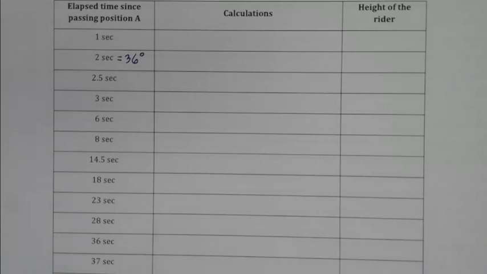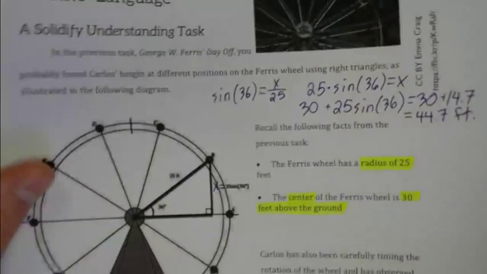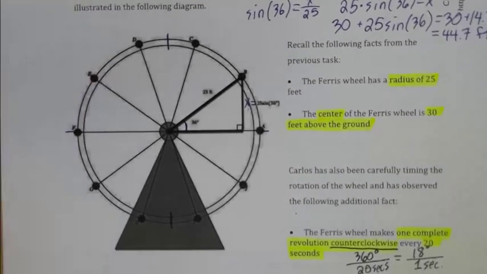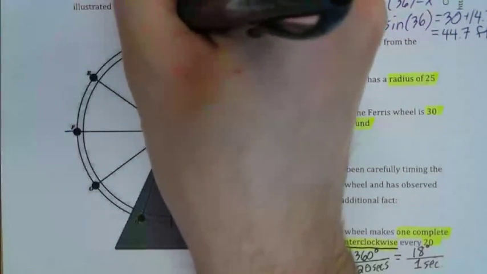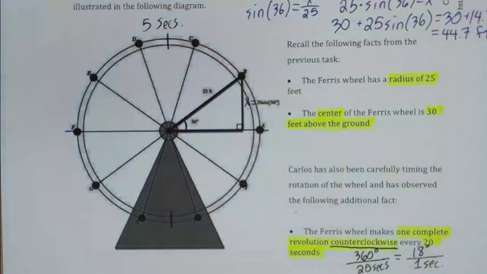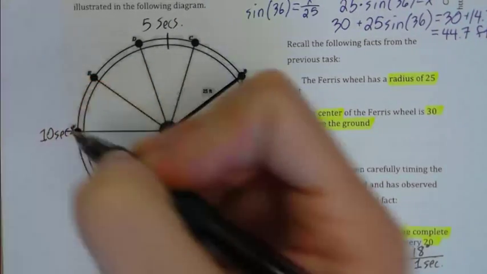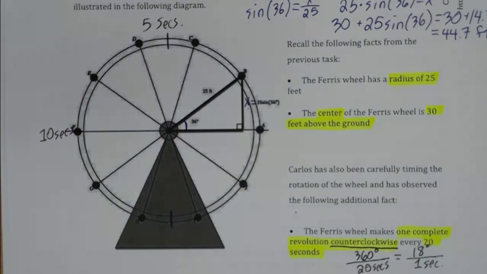Now if we are thinking about the actual Ferris wheel, if we knew that the whole thing was going to be 20 seconds and we're going at 18 degrees per second, that means we could label this: 5 seconds would be a quarter turn, or a quarter of 20, and then we'd have 10 seconds for half a turn.